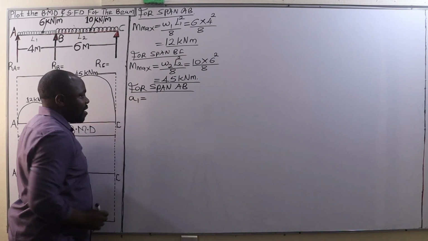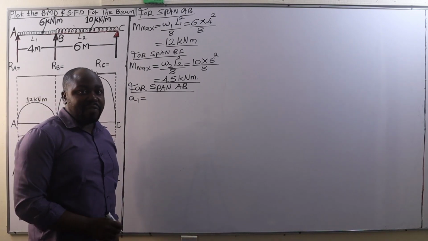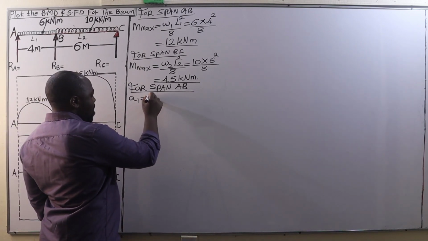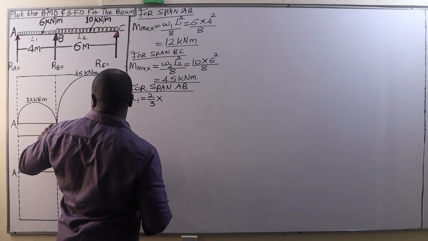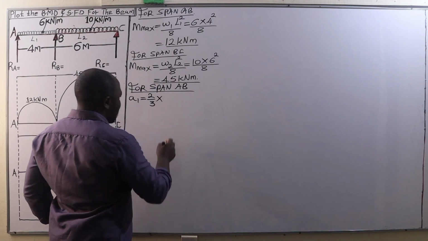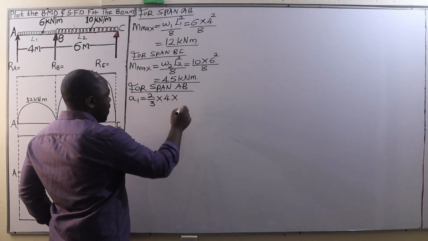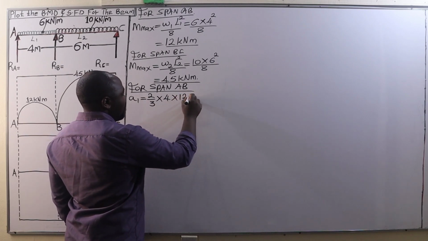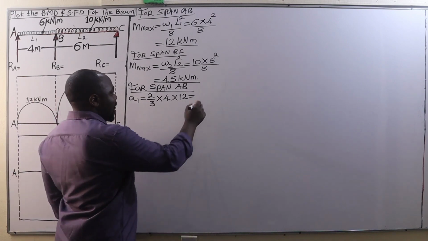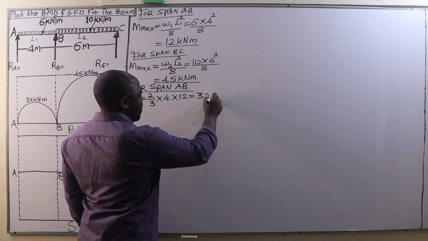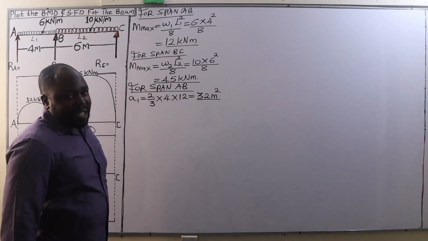A1 will be the area of this bending moment diagram with a maximum bending moment of 12 kilonewton meter, which is 2/3 of the base, the span A to B, 4 meters, multiplied by its perpendicular height, which is 12 units. That's going to give us an area of 32 square meters. Therefore, A1 is 32 square meters.